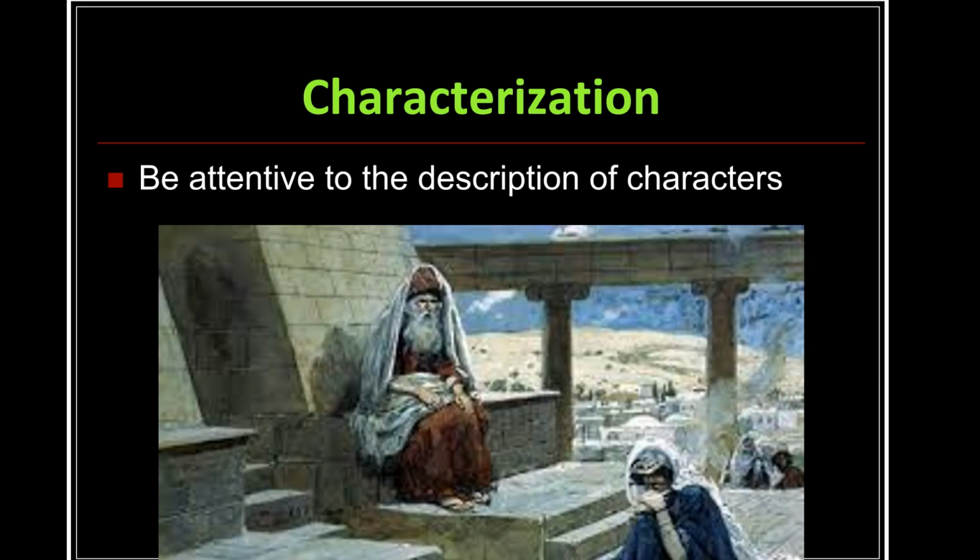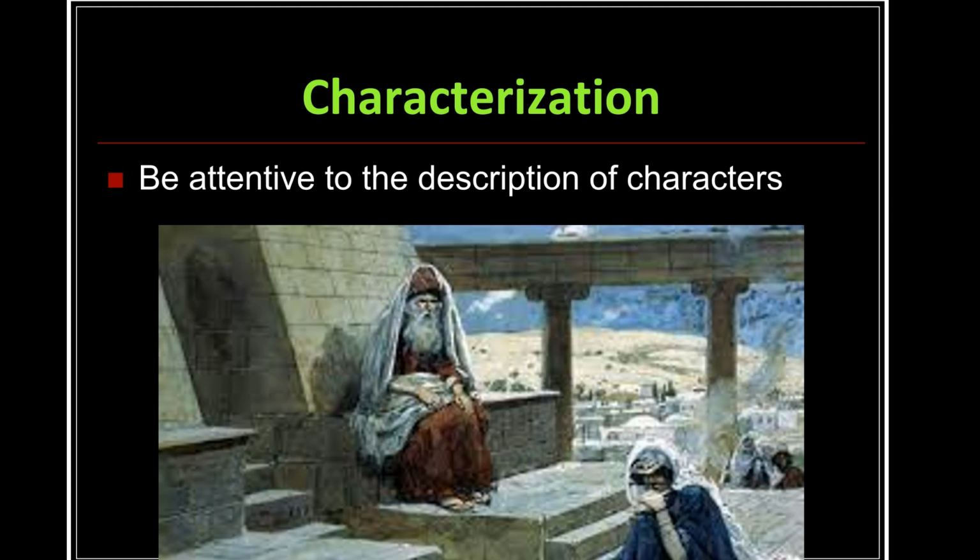So how does an author develop these characters? The interpretation of this process is called characterization. First, be attentive to the description of the characters. As a general rule, the Bible gives very little description of people or surroundings.